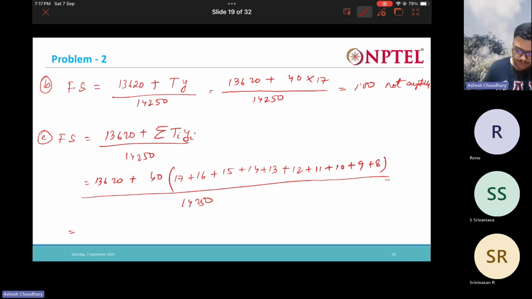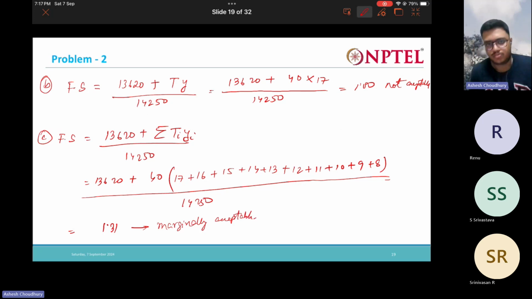This will be, it's also marginally acceptable. So what can we do? We can increase the strength of the reinforcement. You can provide a higher strength reinforcement, or you can increase the number of layers by reducing the spacing.